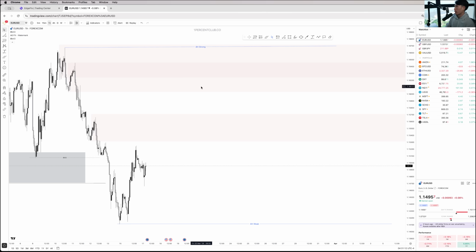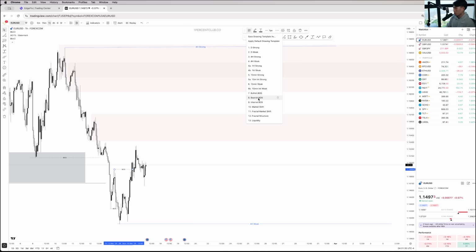Then if I go down to the 1-hour time frame and do the exact same thing, this is where I could potentially mark up all of this: the 1-hour internal break of structure to the downside, another 1-hour internal break of structure, another one. So this is the most recent 1-hour break of structure. And then later on price went up there, giving me a market shift just like this.